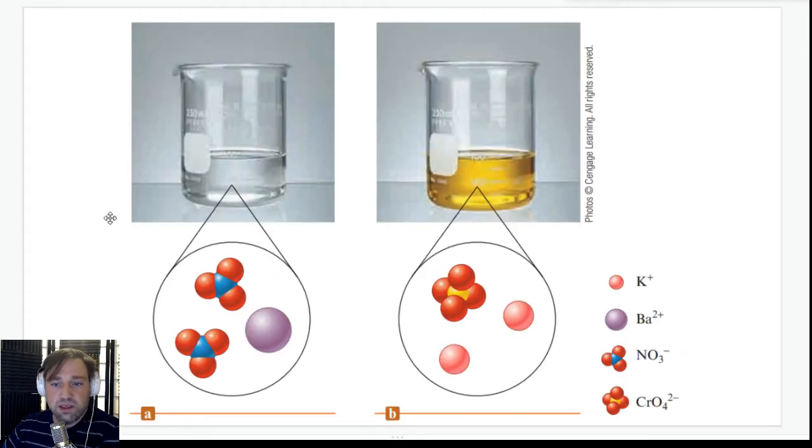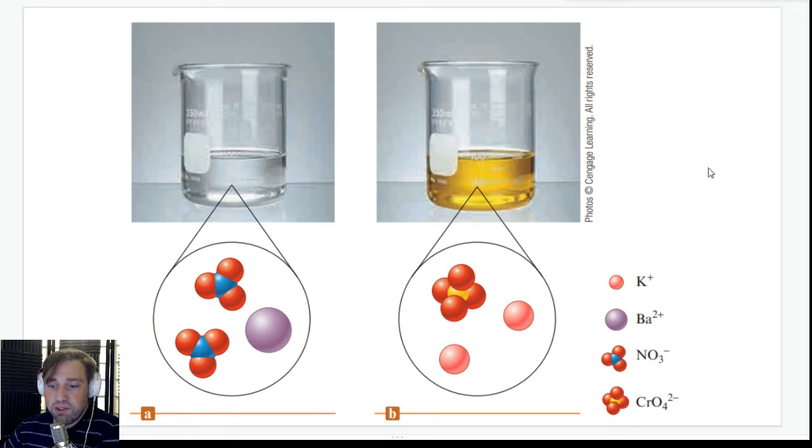Next slide. This is a representation of that. We have these two solutions, and remember, in solution here we have barium and a couple nitrates. Here we have two potassiums and a chromate ion. One thing to be aware of is numbers, right?